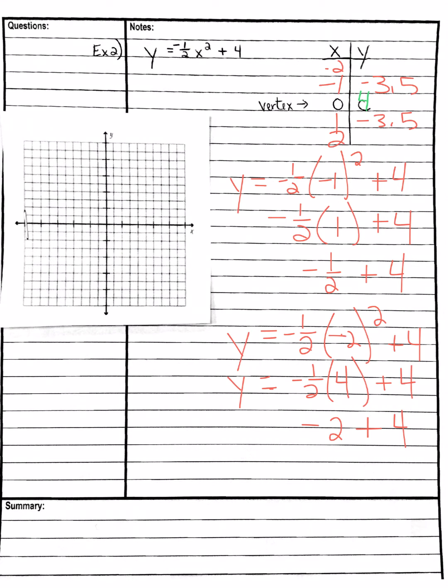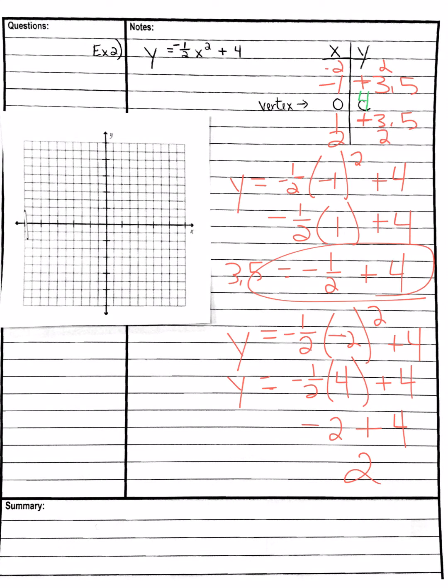Time out, go back. This should be a +3.5. I don't know why I put negative. I apologize. This right here should equal a +3.5. Okay, so -2 plus 4 is going to be a +2. We're going to put those values in.